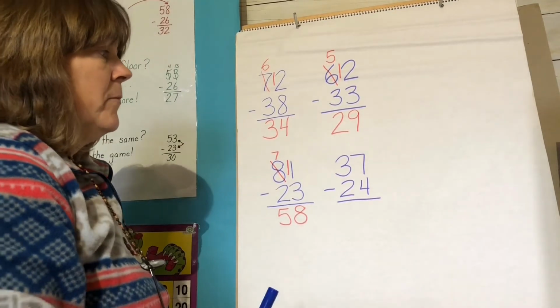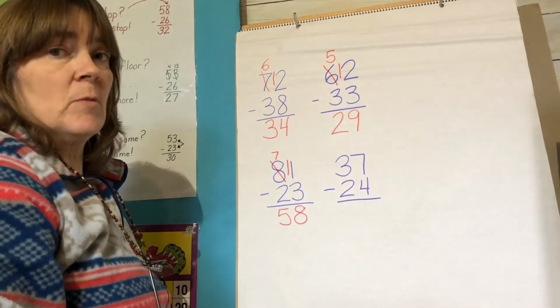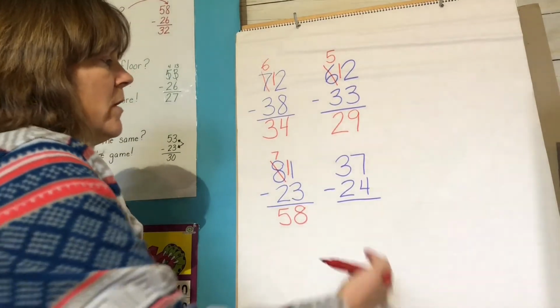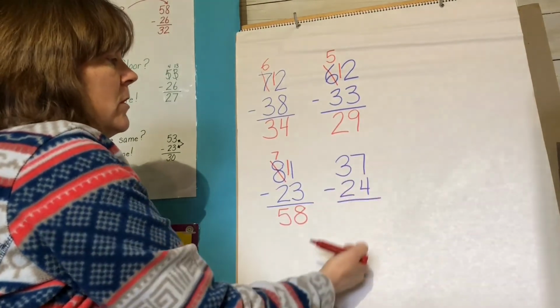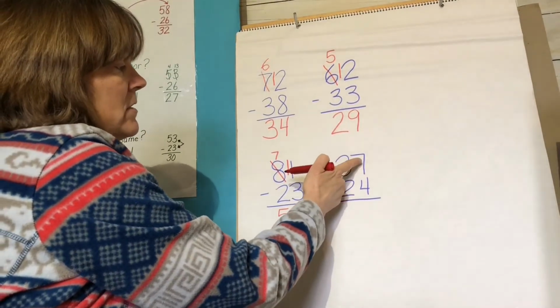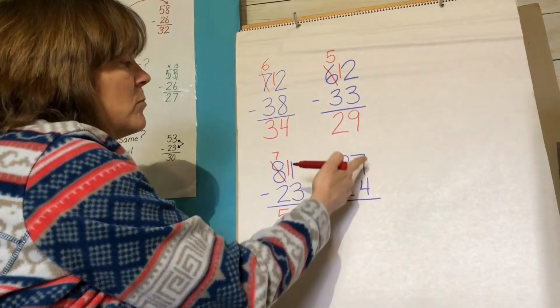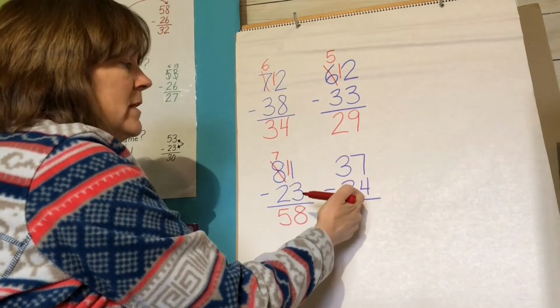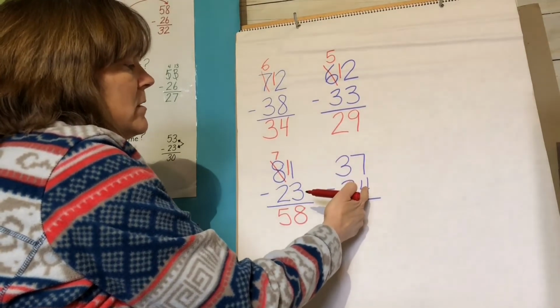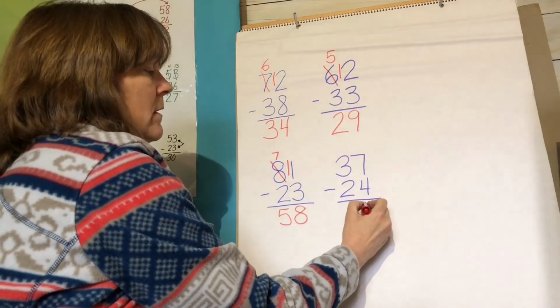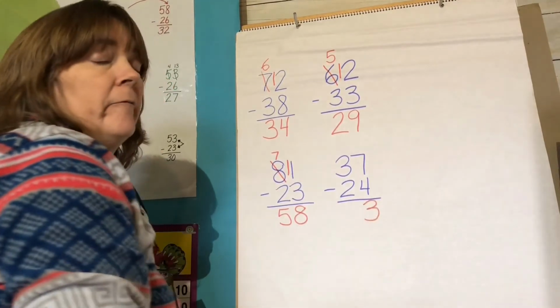And you remember, when we do our math and it's multi-digits, we're going to start on the right. And so we look at the ones and we ask ourselves, is there more on the top or more on the floor? And in this one, there's more on the top, so no need to stop. 7 minus 4 equals 3.